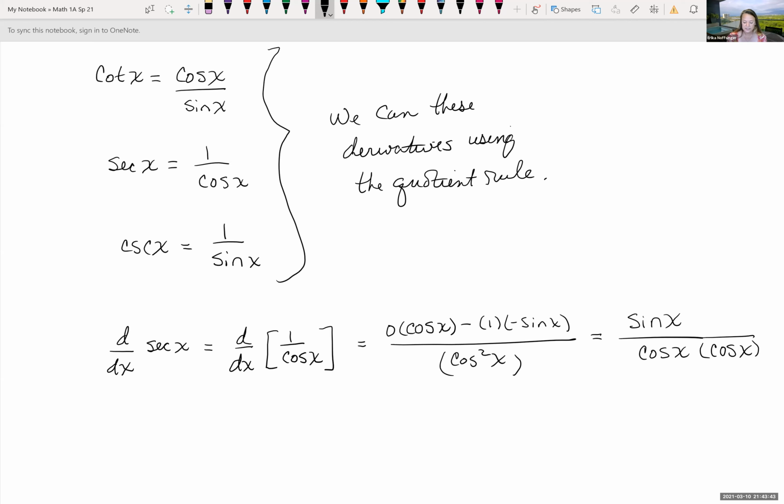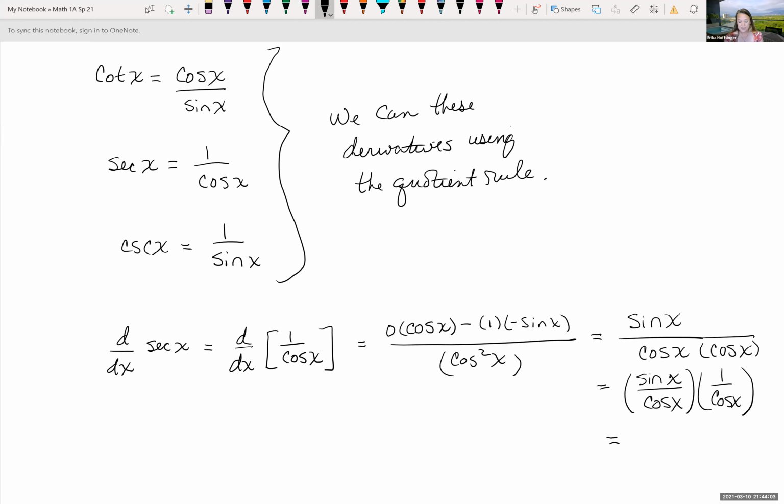So the trick here is that we're going to break this up as 2 fractions multiplied together. So we're going to write this as sine X over cosine of X times 1 over cosine of X. And so go through and rewrite what trigonometric functions those are.